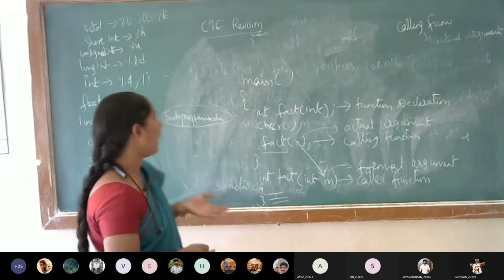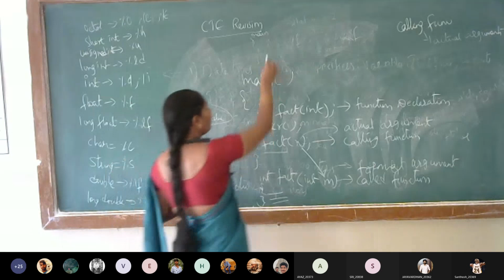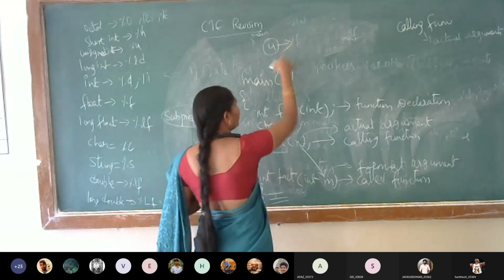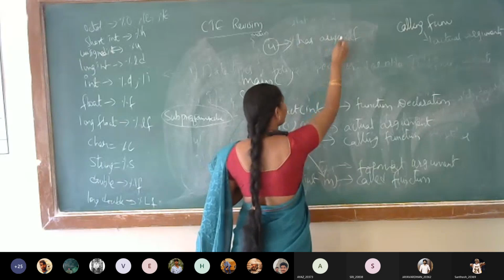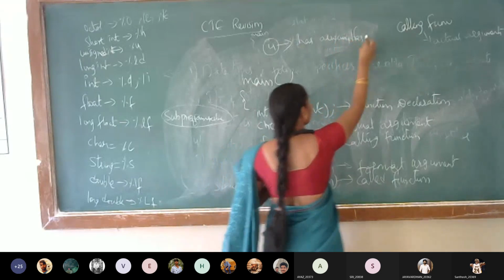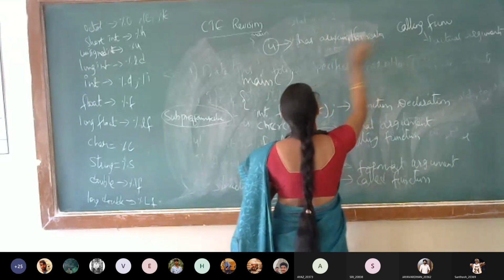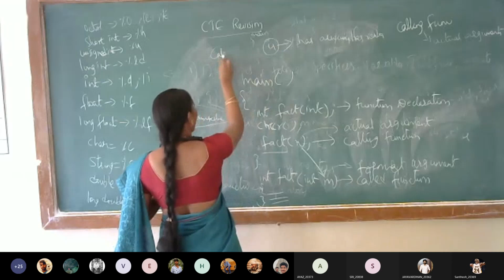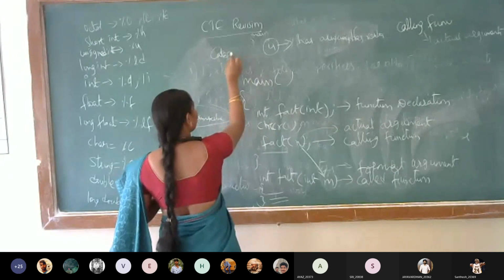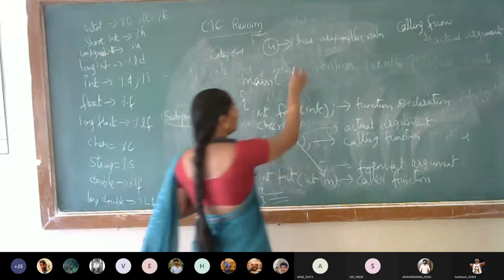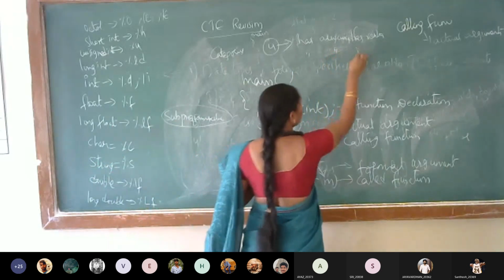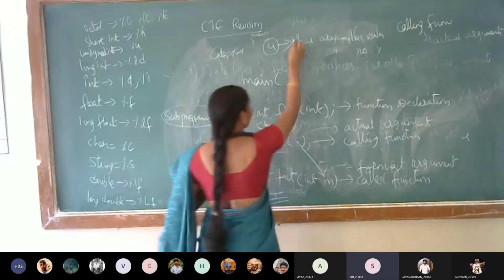Then coming to the categories of functions, we have 4 different categories. The first one is has argument and has return type. Then has argument, no return type.